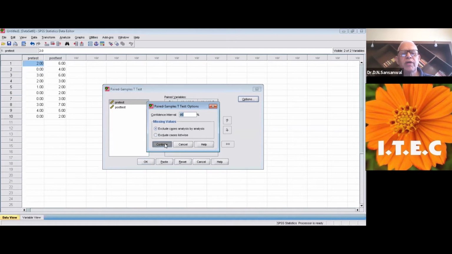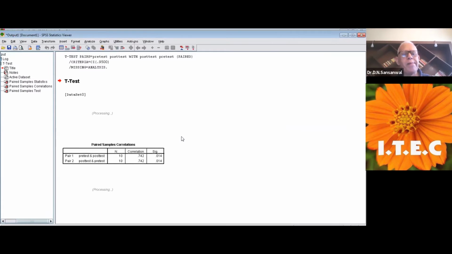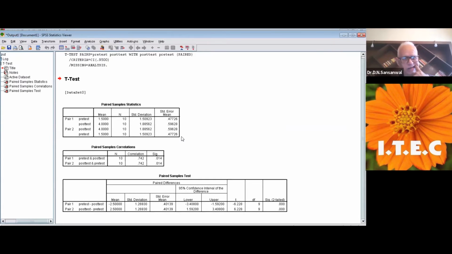Now you can see here, your pre-mean is 1.50 and post is 4.04.